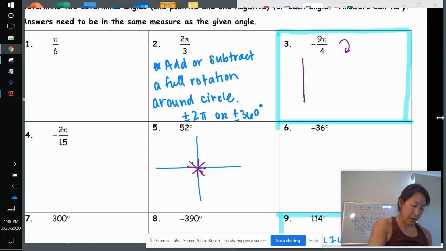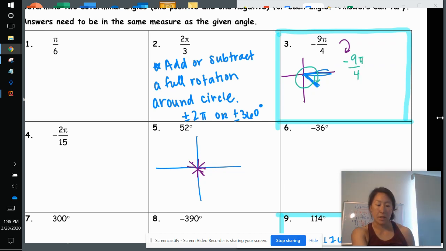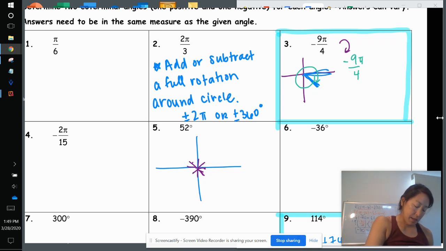Okay, so I have an angle right here. I went 1 and a little bit of negative 9 pi over 4. So I'm going to start with my angle, negative 9 pi over 4. Okay, and I'm going to subtract out a full rotation, which is 2 pi.